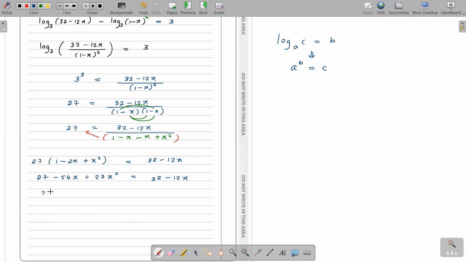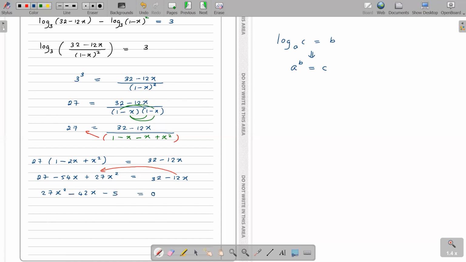Taking everything to one side, I think you can see we get a quadratic equation. So minus 54x and taking the minus 12x as plus 12x. Can I have the value here? Minus 54 plus 12 is minus 42x. And what about the constant? 27 minus 32 is minus 5 equals 0.